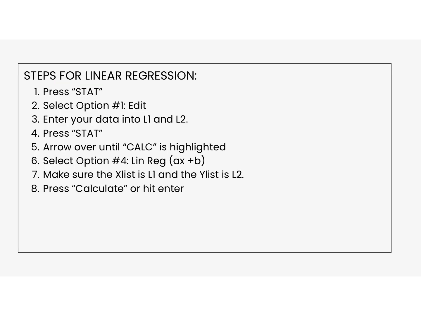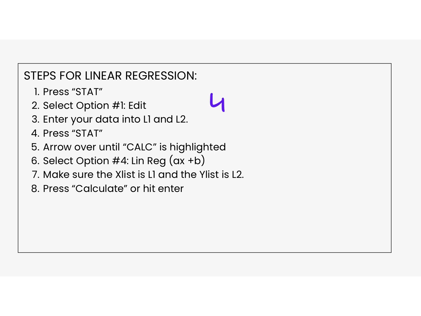To do that on your calculator, and this is also in your note packet for those of you that are following along, you're going to press stat. It is directly to the left of your arrow buttons, the circular arrow buttons in the second row. Then you're going to select option 1, which says edit, and you're going to enter your data into L1 and L2.